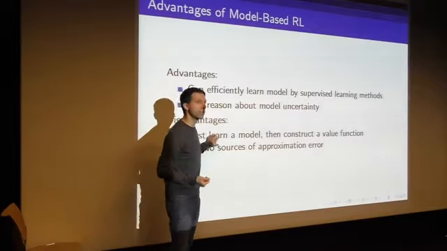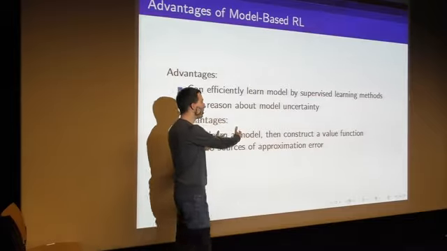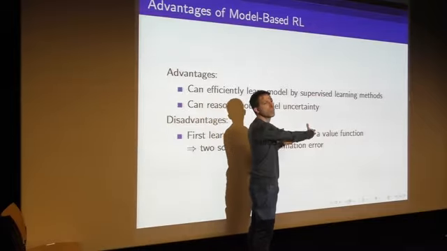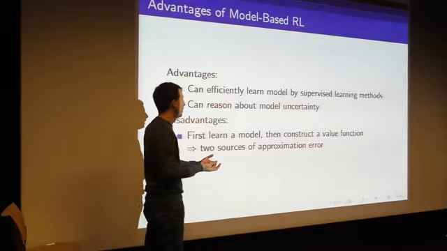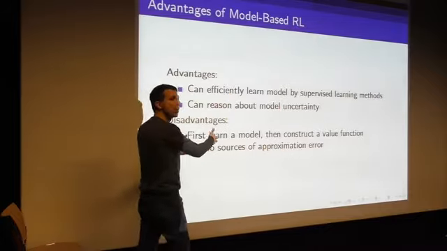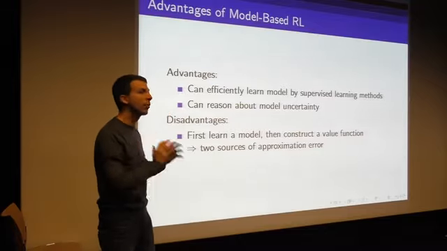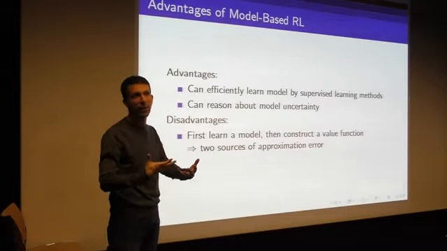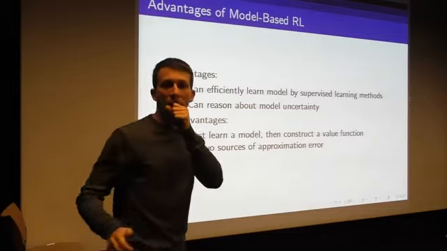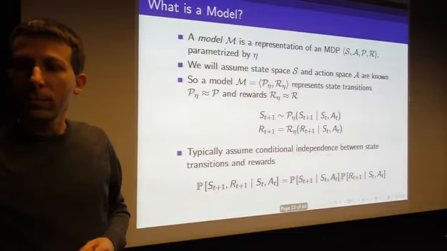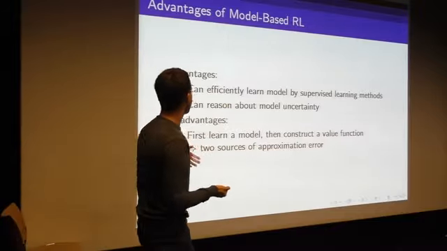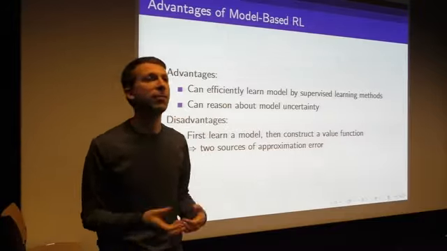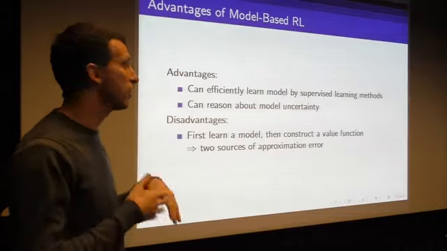Our model might be approximate, and then we're using that approximate model to learn a value function, which might also be approximate. And so there's two places the errors can creep in, and these things might compound. We're only going to be as good as our model, as we'll see later. If you learn an incorrect model and then plan with it, you will get an incorrect answer. And so what we'll try to do later on in this lecture is combine the advantages of model-free and model-based reinforcement learning into a single architecture.